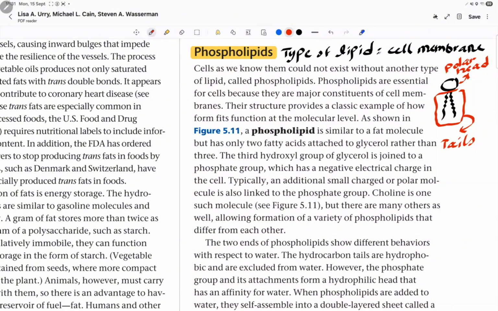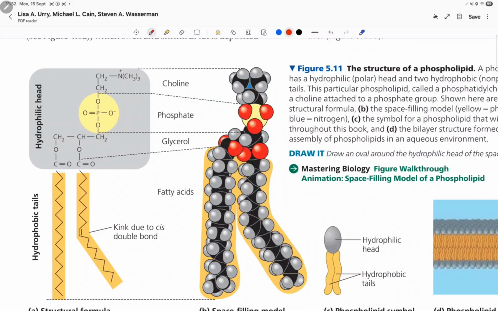So now the question is, why is there a polar head? What is the composition that makes up this head to be polar? So here we have the head part. It's going to be hydrophilic. It loves the water. And the reason is because it has a phosphate group and it has glycerol plus a choline.